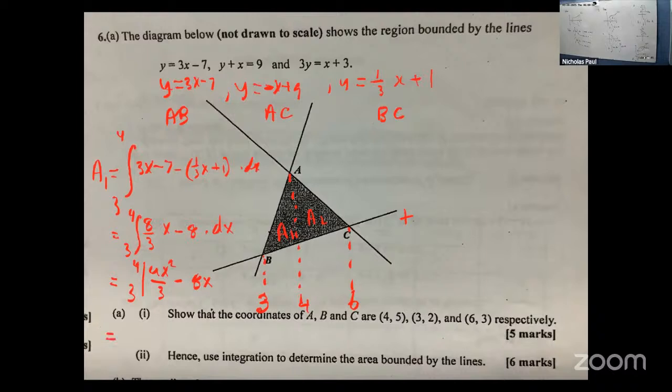Alright, for the first part, when you plug in 4 and 3, what shall I get for A1?